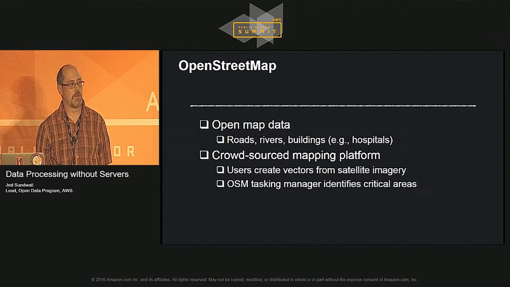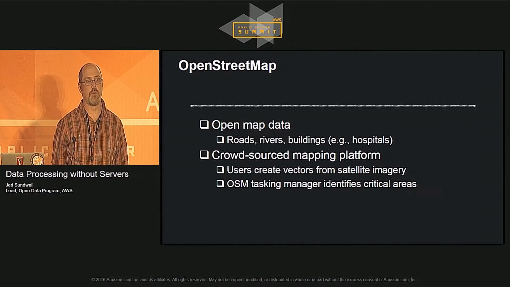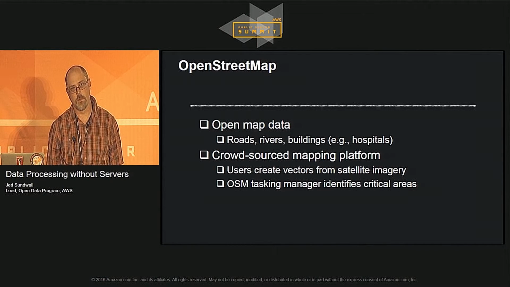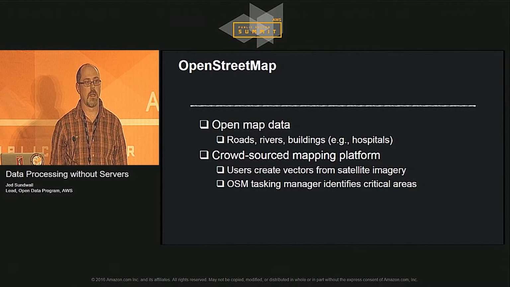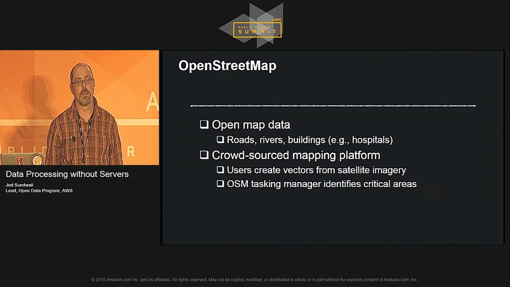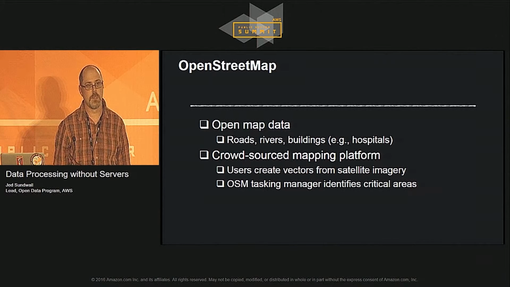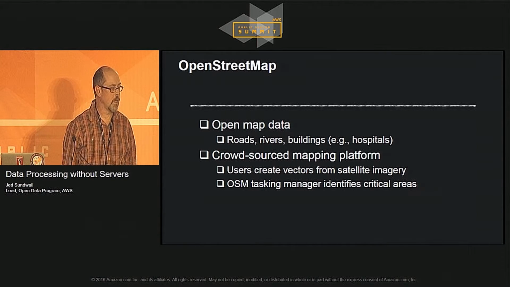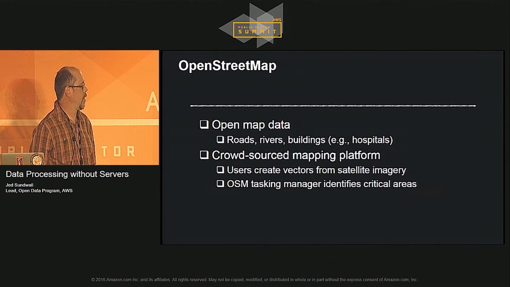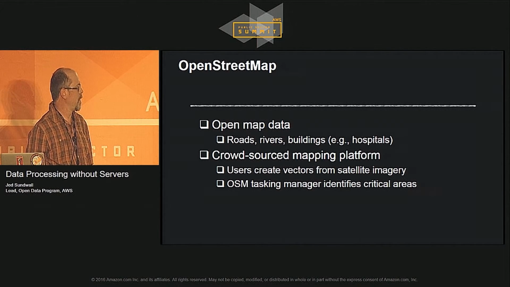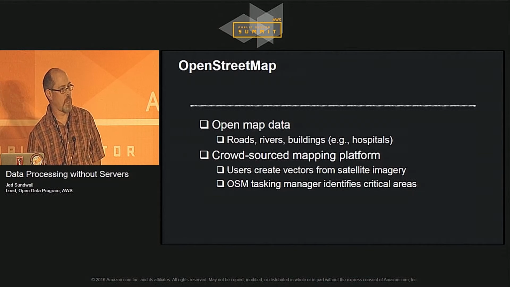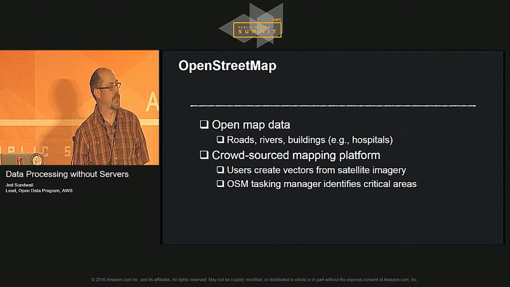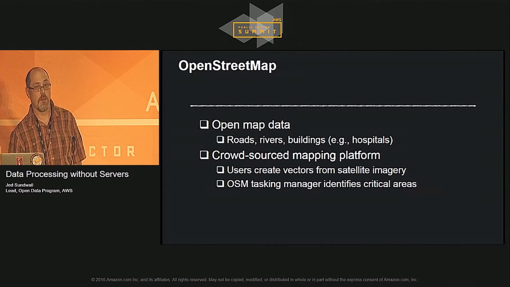It's primarily used in humanitarian efforts after disasters, such as the earthquake in Ecuador. An army of volunteers would get online and try to map as much as they could in the area so that humanitarian teams could get in there and provide relief. OpenStreetMap is the main platform for mapping out regions of the Earth, and a tasking manager is used to identify critical areas.